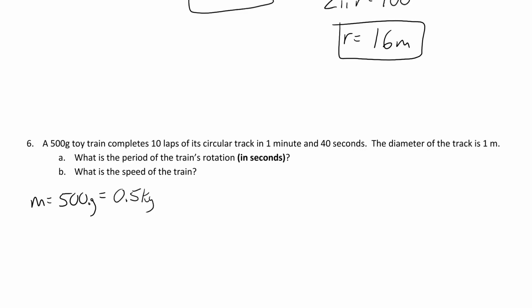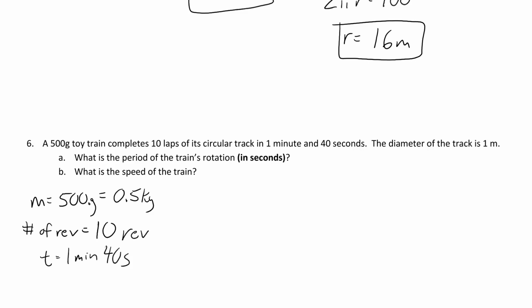So, okay, they're giving you a lot of different units here. The number of revolutions, not Ray, we're not watching Star Wars. Number of revolutions is 10 laps. Or 10 revs, if we want to be consistent with what we did before, revolutions. All right, and the time for that is 1 minute 40 seconds.